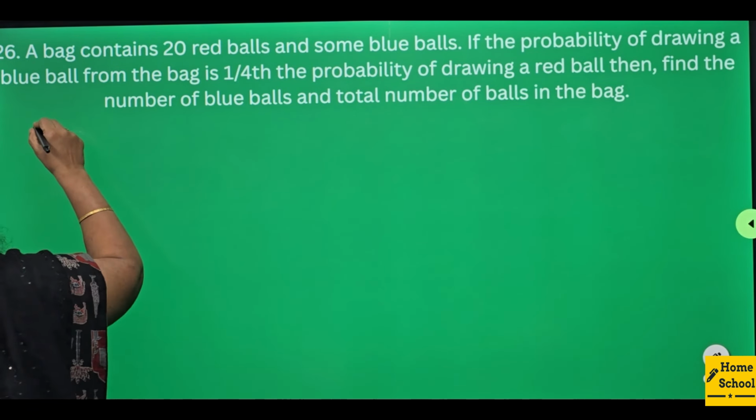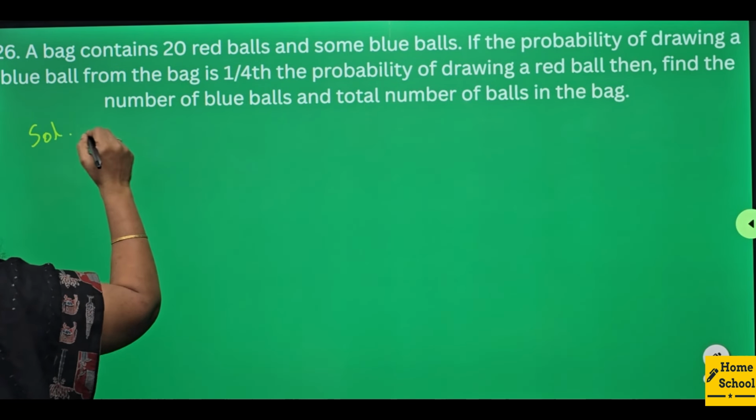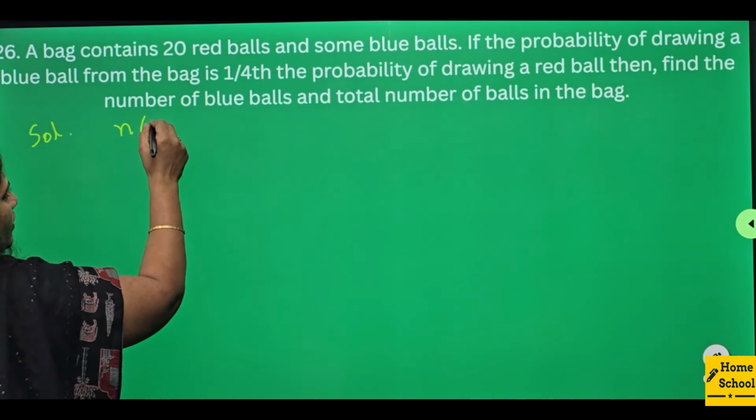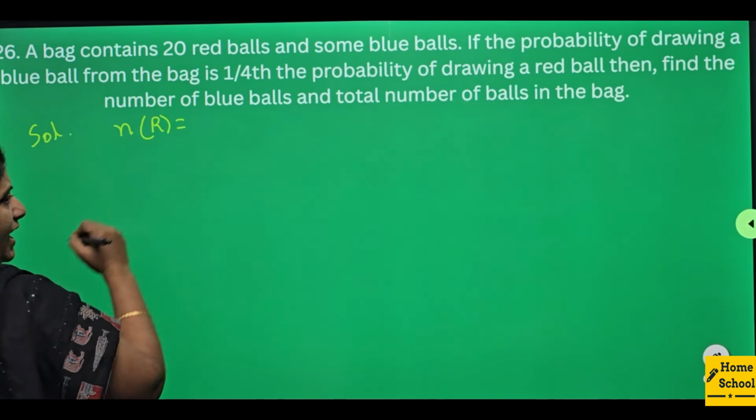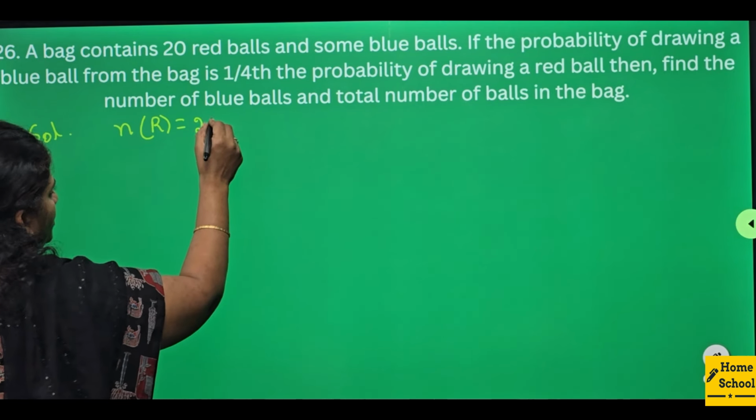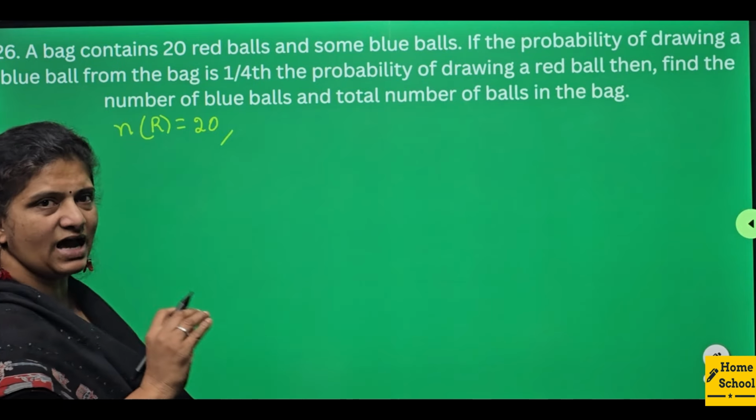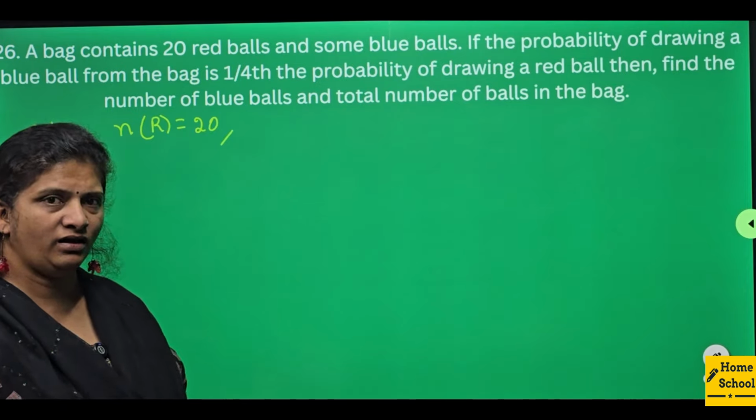26th one. A bag contains 20 red balls and some blue balls. A bag contains 20 red balls means number of red balls, N of R is equal to 20. And some blue balls. Some means how many? We don't know.